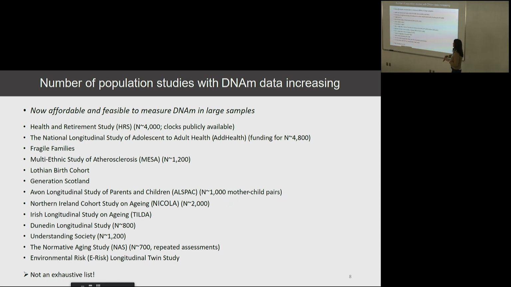And you can see a whole other host of studies. I think it's around $250 now to do an epigenetic assay in an individual, and that price will continue to come down. This is obviously not an exhaustive list. But just to give you an idea, many of the studies that we like to work with already have DNA methylation data or will be collecting it soon.